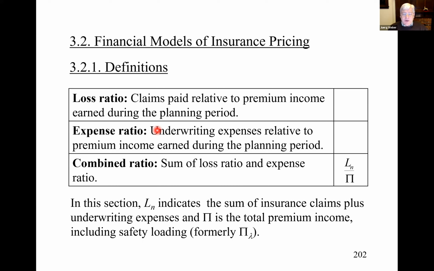So, for example, it may include the expenses of writing an insurance contract, but it also will include the marketing expenses and other administration costs. Now, when you add up the two ratios, then you get the combined ratio. So the combined ratio considers both the insurance claims and the underwriting expenses.